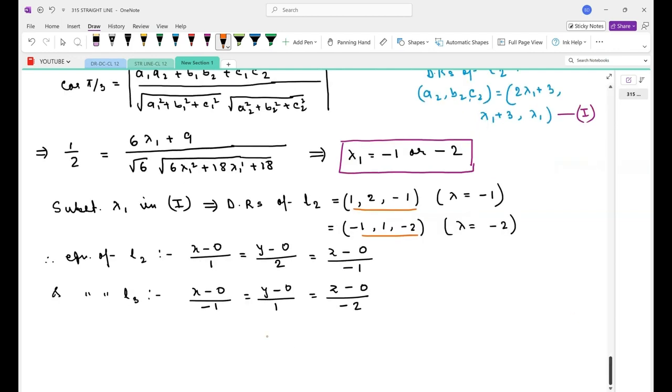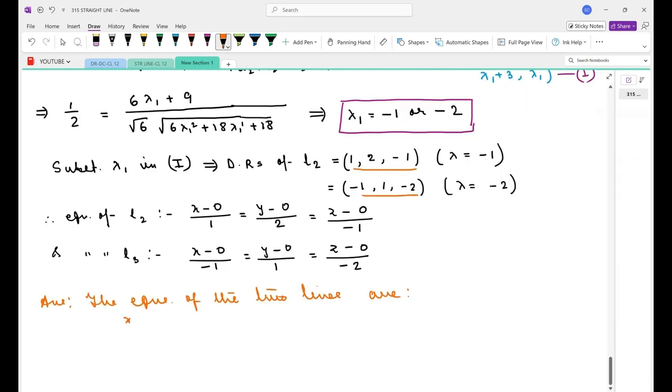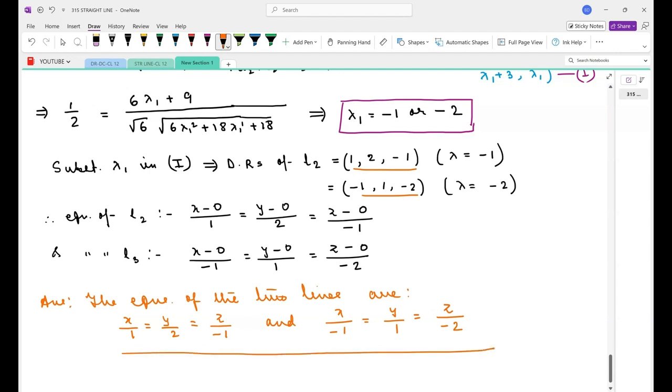In the final answer, we will simply write that the equations of the two lines are x by 1 equal to y by 2 equal to z by minus 1 and x by minus 1 equal to y by 1 equal to z by minus 2. That's all. This will be the final answer.